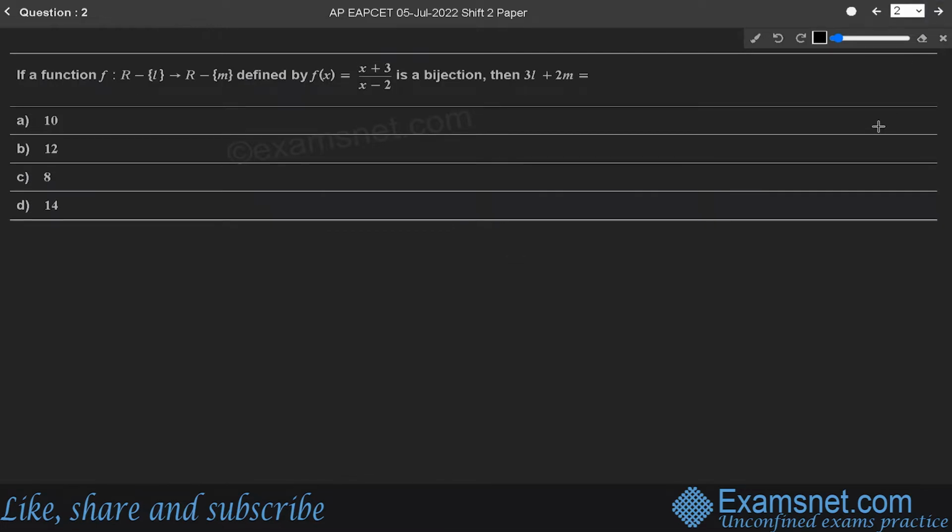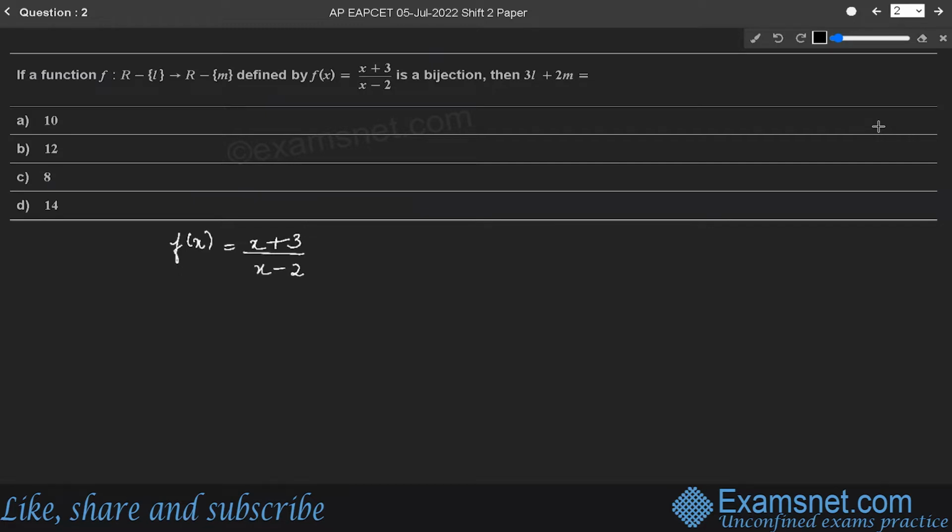Next question is also relation and function. If a function f from the set R minus L to R minus M, defined by a function f of x is equal to x plus 3 divided by x minus 2, is a bijection, then 3L plus 2M is equal to.